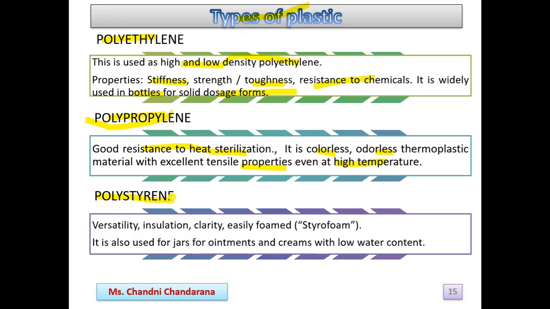Then polystyrene. Which kind of property does it have? The versatility, clarity and it is easily formed. We can say styrofoam. It's a styrene, that's why styrofoam. And it is used for jars for ointment and creams with low water content.